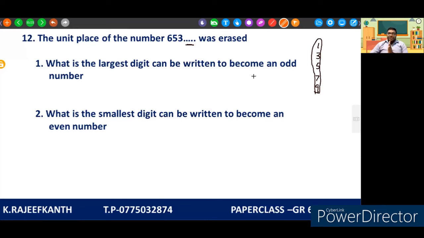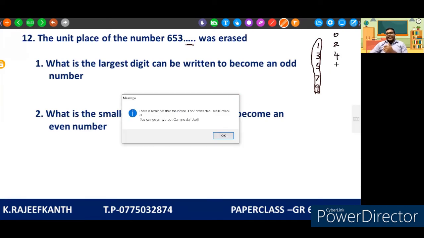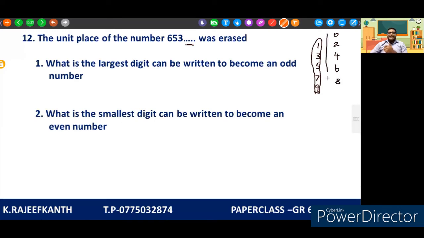It can be a 2-digit, 3-digit or 5-digit number, whatever it is, we only have to consider the last digit of that number. Like that, we can identify the even number also. If the last digit of a number is 0, 2, 4, 6 or 8, then that number is an even number.